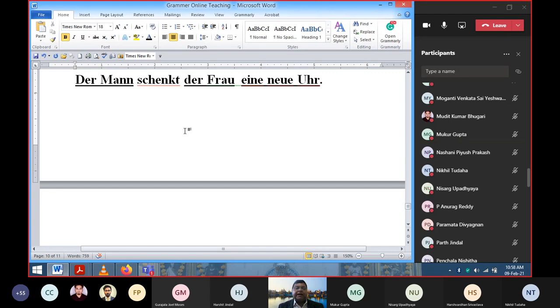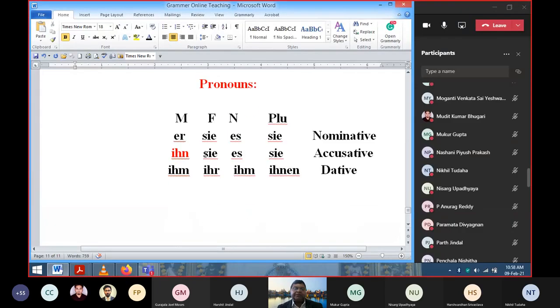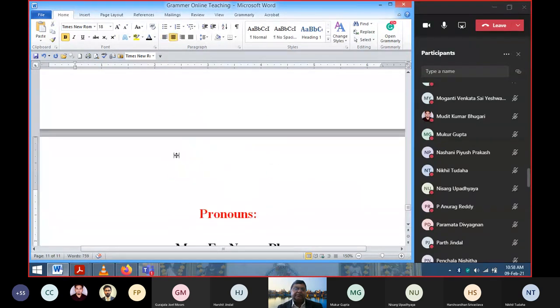Now I am going to replace all these nouns by appropriate pronouns. So what pronoun shall I be using? Here I have just given some clues: er for the subject, ihn for the direct object, ihm for the dative, that is the indirect object.